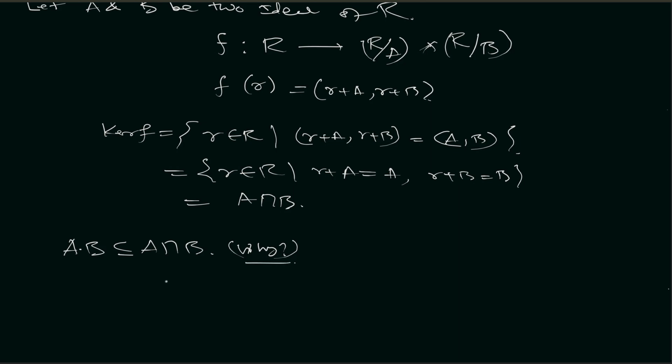Suppose you have taken an element a from A dot B. What will a look like? Then a will look like some a1 b1 plus up to ar br.